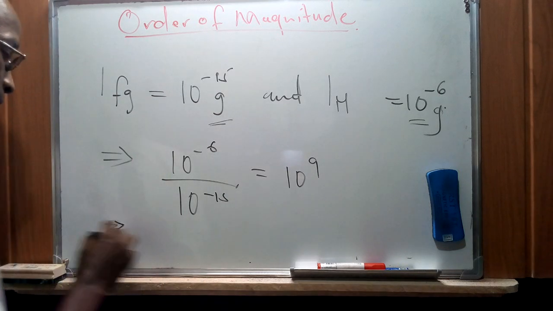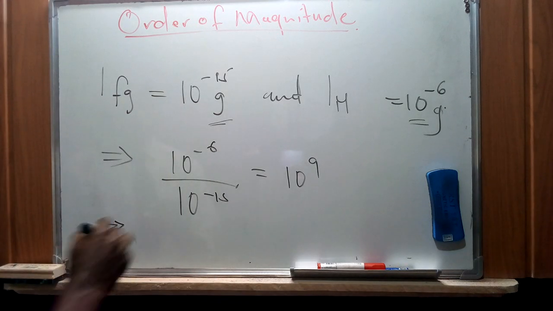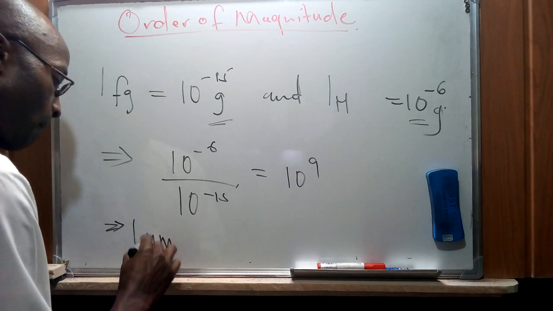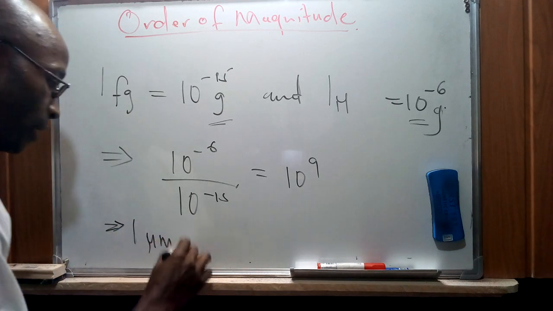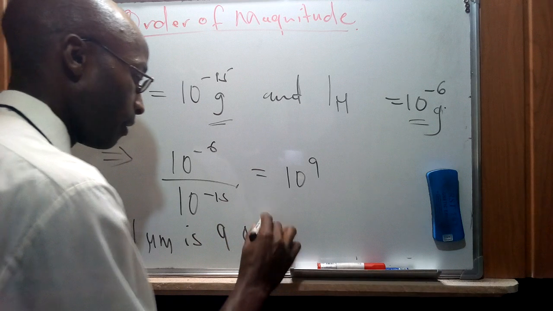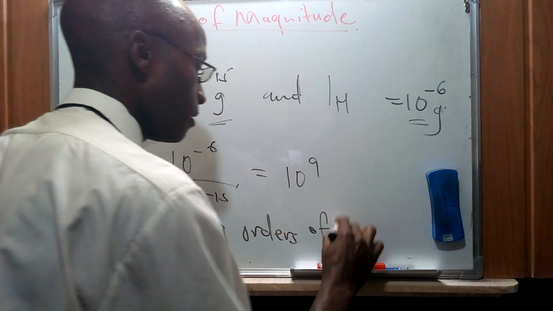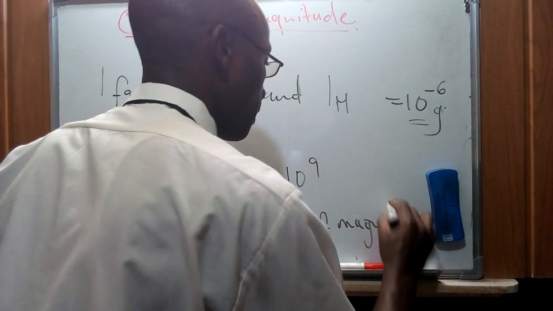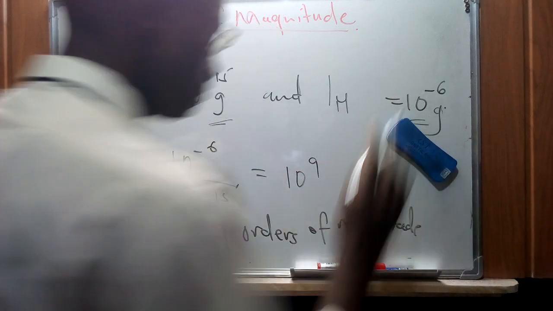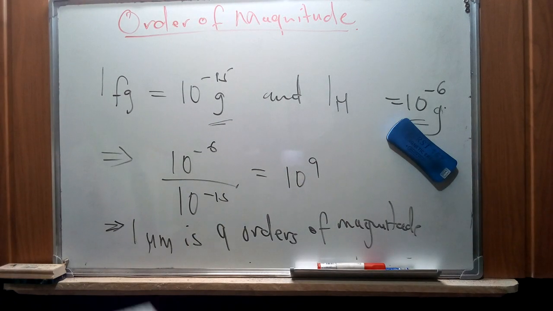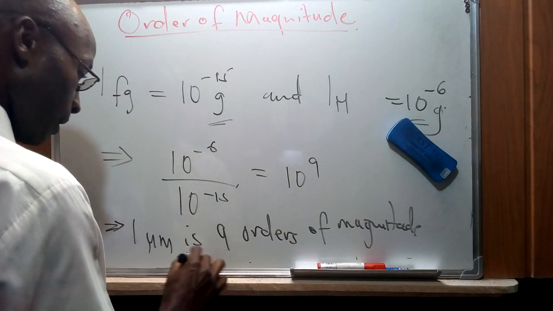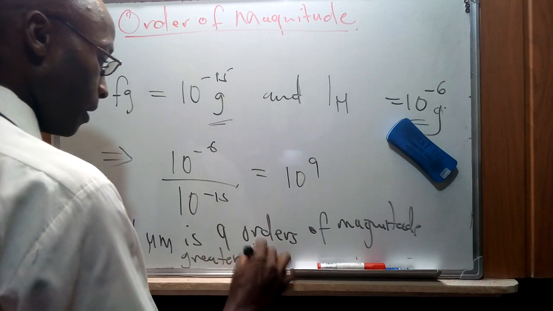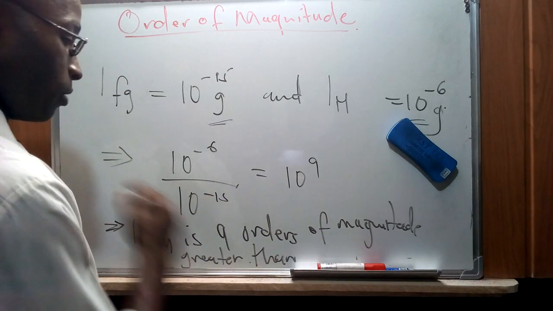Therefore, we're going to express this as: 1 microgram is 9 orders of magnitude greater than 1 femtogram, just doing a comparison between the two.